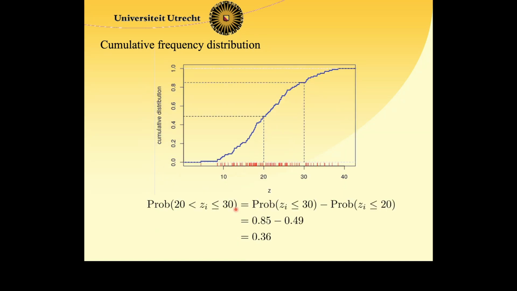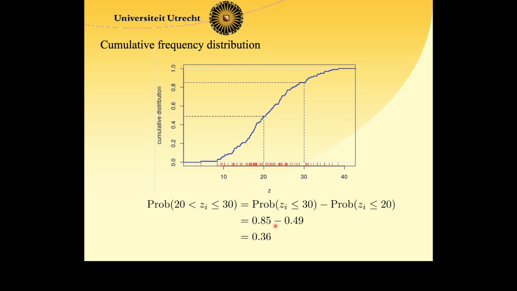Now we can also use it to calculate the probability that the value is in between 20 and 30, by taking the probability that it's smaller than or equal to 30 and then subtracting the probability that it's smaller or equal than 20. So we get this value minus that value, and we arrive at the same 0.36 as we also calculated from the density or the histogram or the density function.